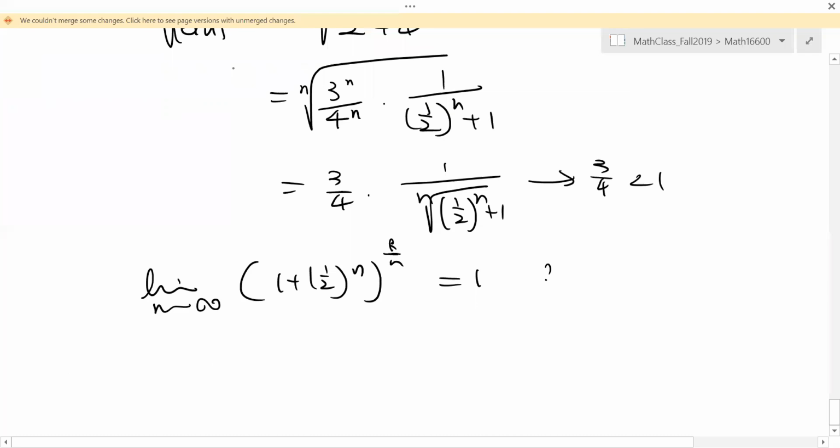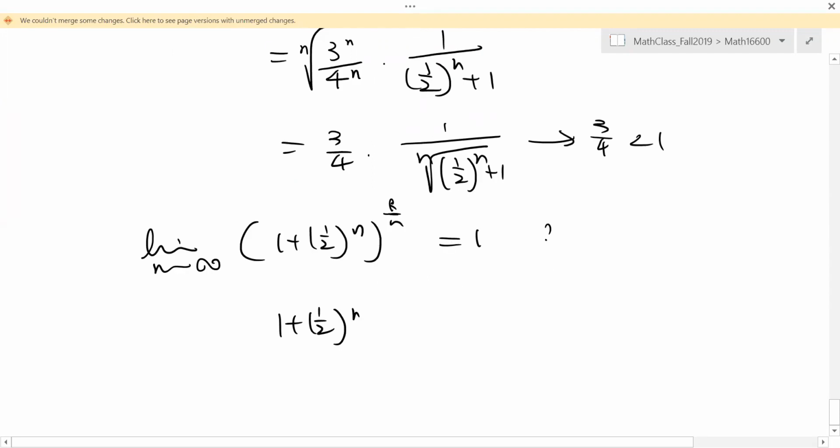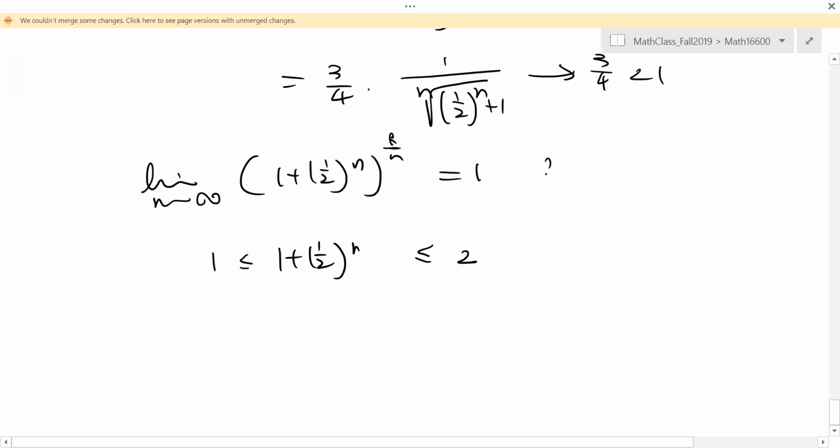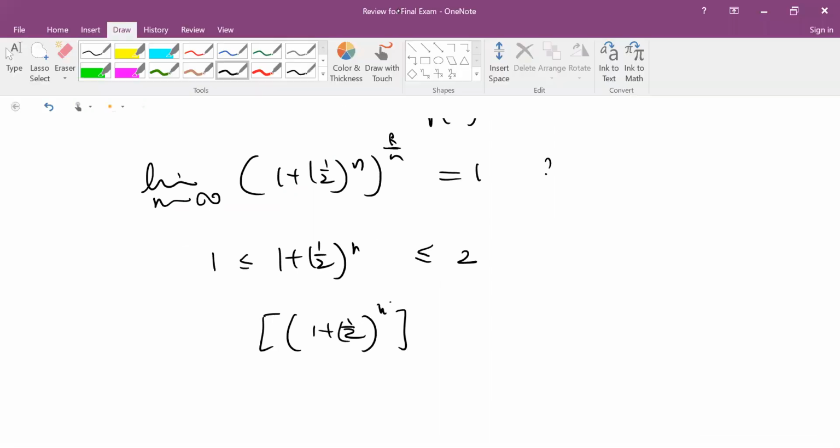Okay, here's a simple proof. But you have to give an argument, otherwise you lose 2 points if you just say it's going to be 1. So 1 plus 1/2 to the n is less than or equal to 2 and greater than or equal to 1. Do you agree? Yes.